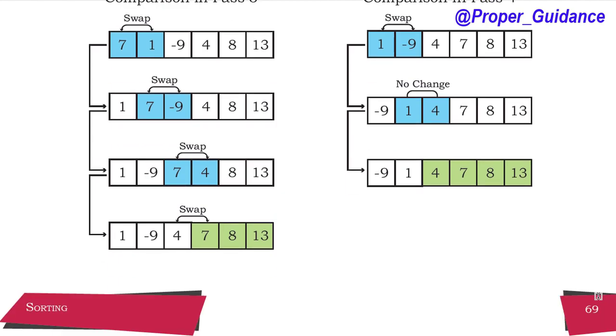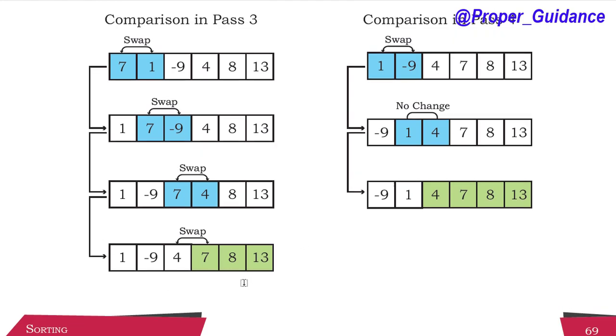The next comparison is pass 4. We will check 1 and minus 9. Minus 9 is smaller than 1 because it is a negative number and 1 is obviously positive, so swap them: minus 9 and 1. After that 1 and 4 are checked, no change. The remaining part 7, 8, 13 is already in order from pass 3.